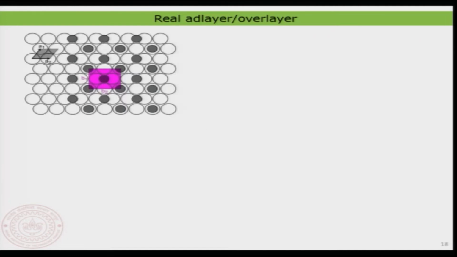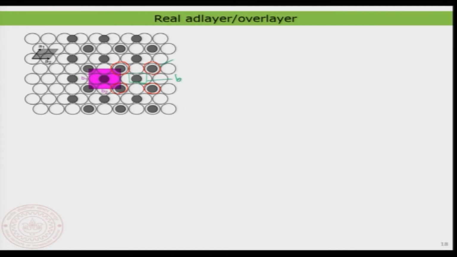Now comes the interesting aspect. I want to put one more interesting aspect into the Adlayer, and when you look at this, very striking is that not every atom is occupying the same site. These atoms that I am marking are occupying an atop site, but this particular atom that I am marking with green color is occupying a bridge site.